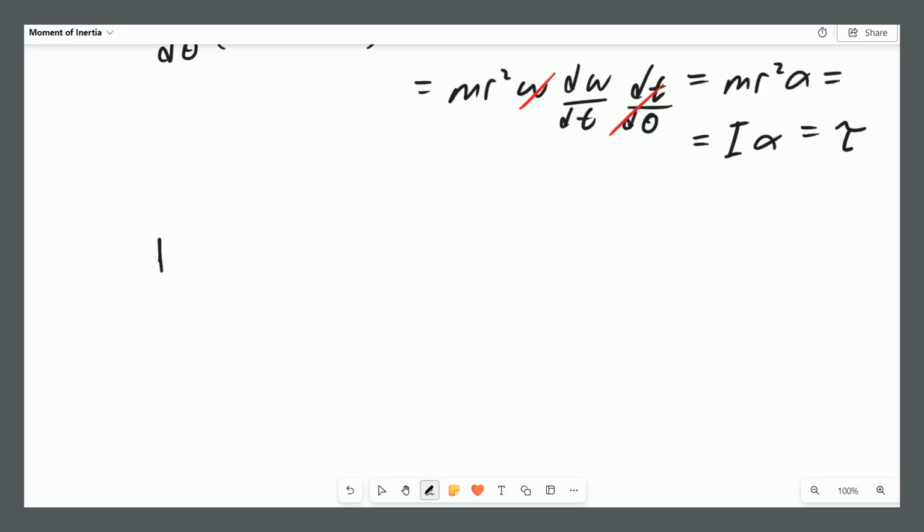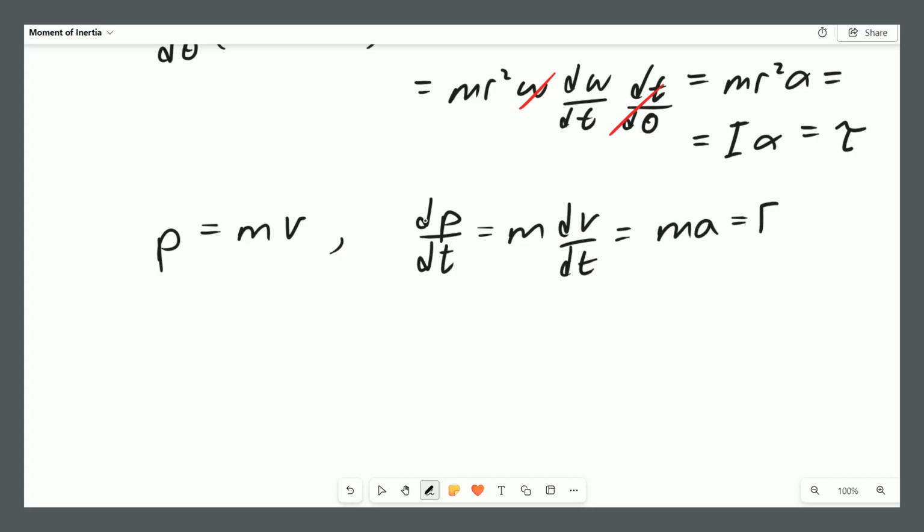Okay, so momentum is mass times velocity. And the time derivative of momentum is the force, right? M dv by dt, which is ma, right? So if we come up with a concept of angular momentum, well, then the time derivative of that should be the torque. Since when tracking angular motion, torque plays the role of force, right?